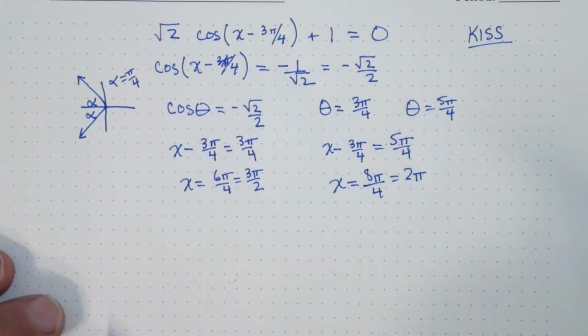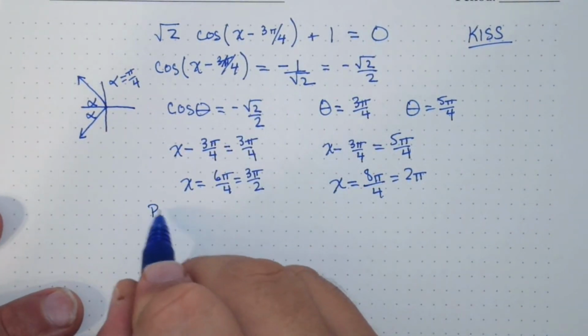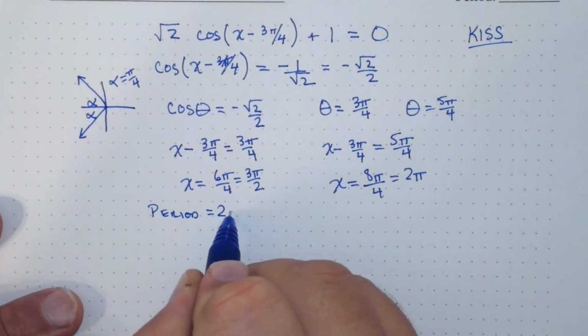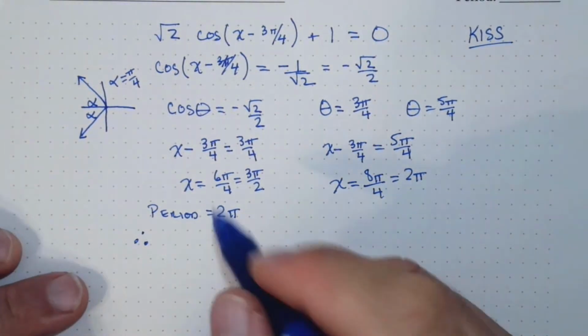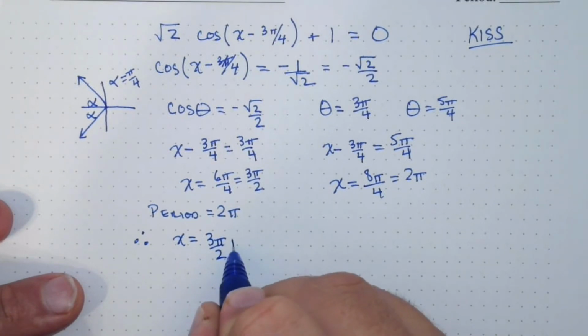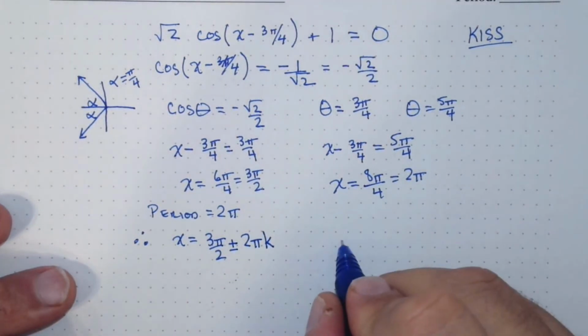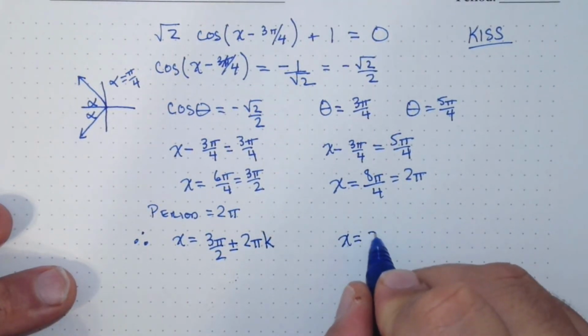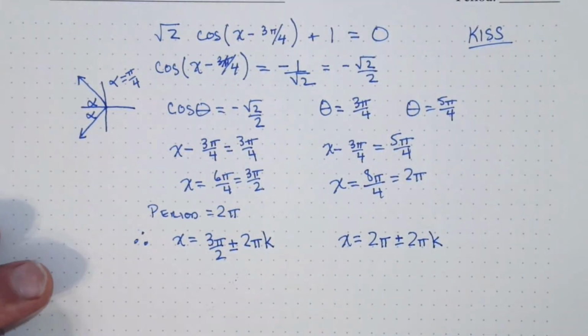Now, if I look to the period of my function, all I have is a phase shift, no horizontal compression. So I know that the period of my function is 2 pi. Therefore, if I'm looking for all of my solutions, I'm going to have x equals 3 pi over 2 plus or minus 2 pi times k, or x equals 2 pi plus or minus 2 pi times k, which really could be just said as 0 plus or minus 2 pi k.